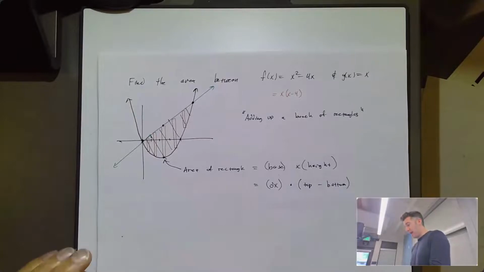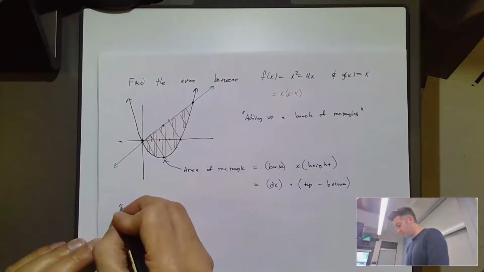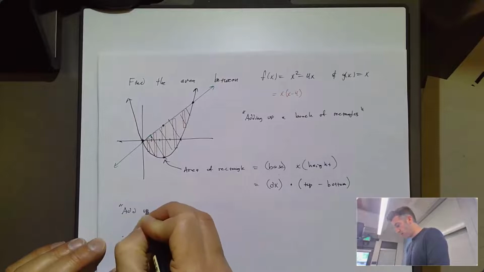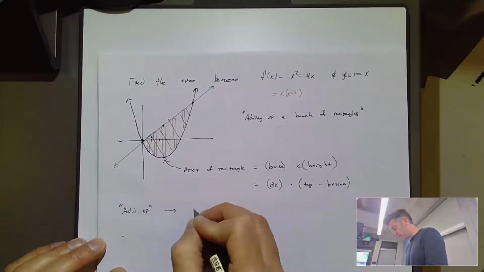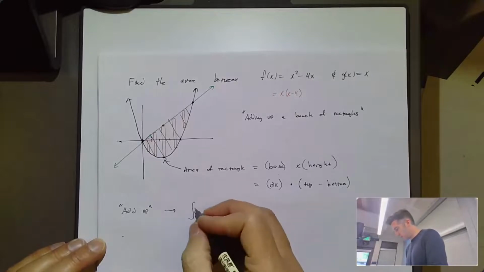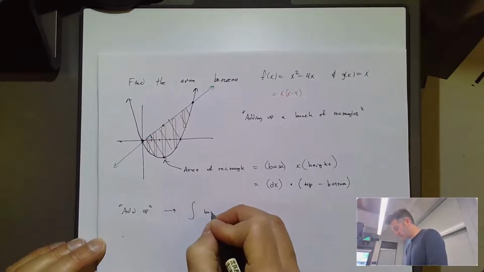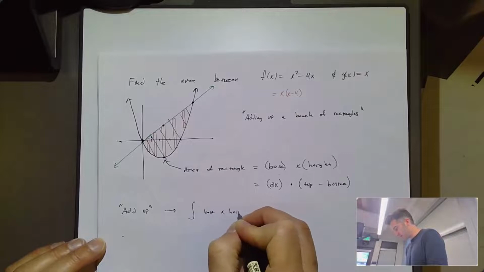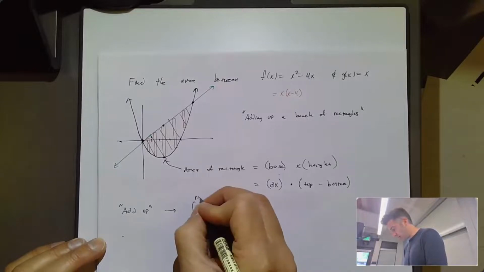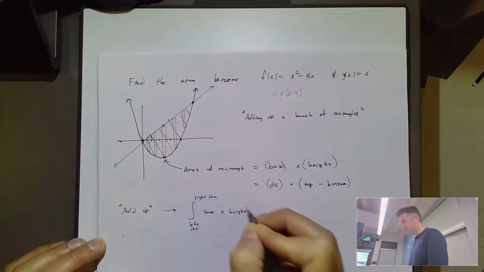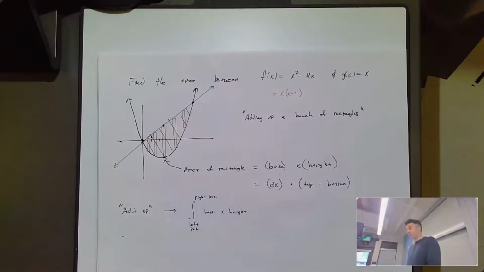And then to add up all the rectangles, we're going to integrate the base times the height from the left point of intersection to the right point of intersection. So that's what we're calculating when we do this.